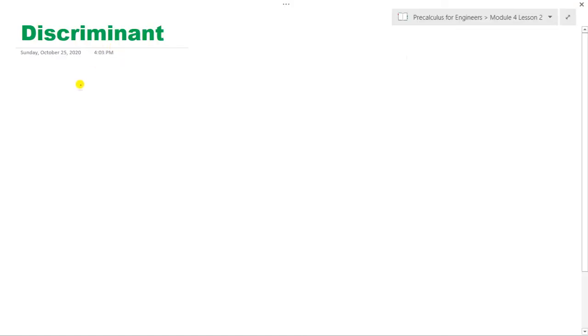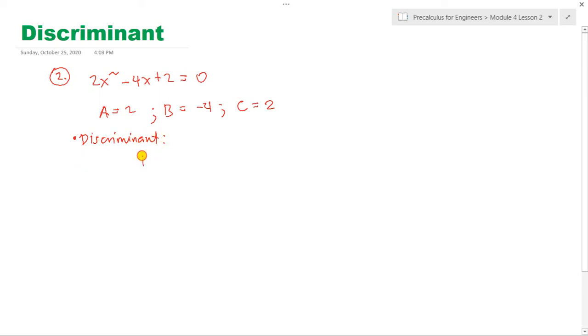Just remember the discriminant formula. The second example is 2x squared minus 4x plus 2 is equal to 0. Here, our a is 2, b is equal to negative 4, and our c is equal to positive 2. From our discriminant formula, we have b squared minus 4ac.